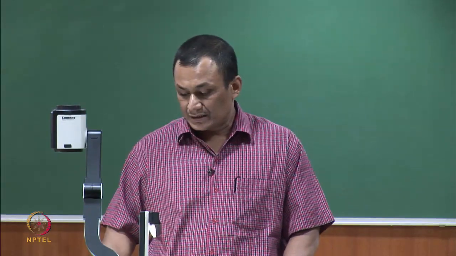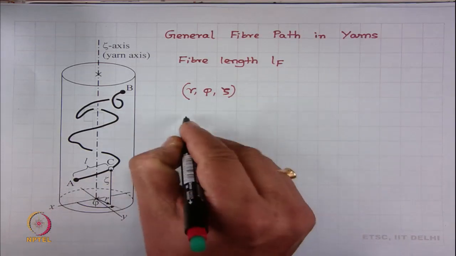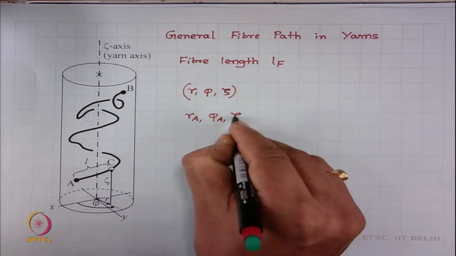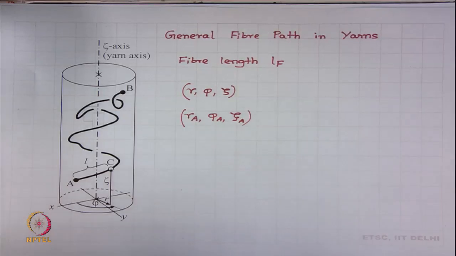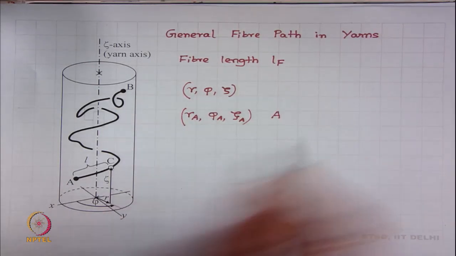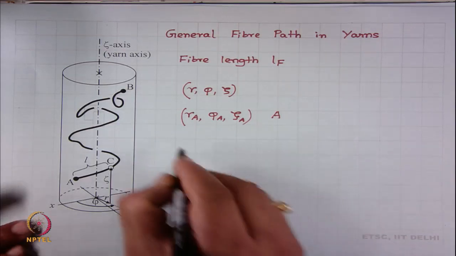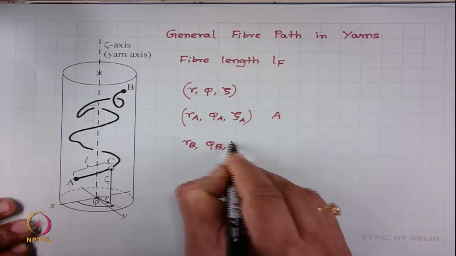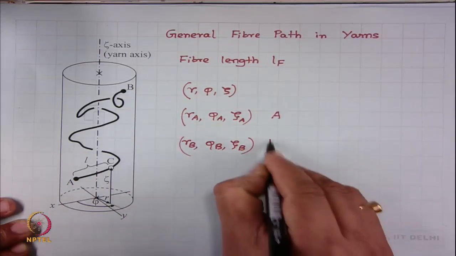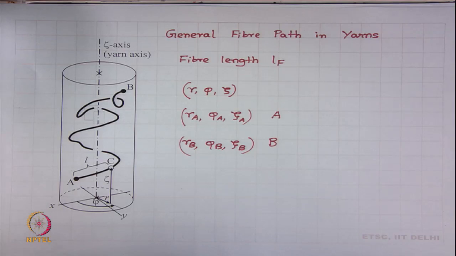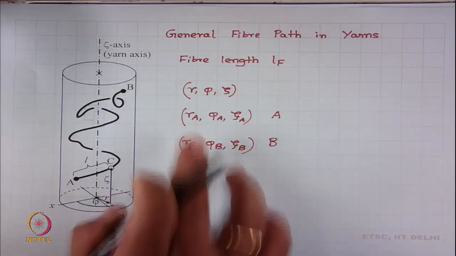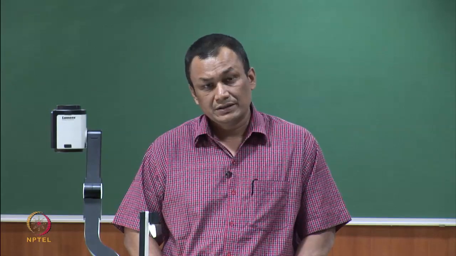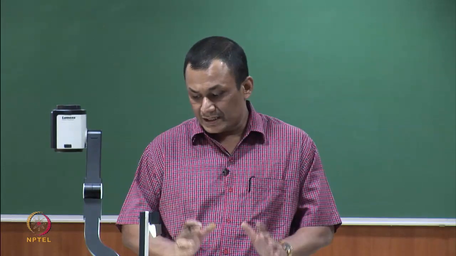At point A, it will be r A, phi A, zeta A, and the coordinates at point B will be r B, phi B and zeta B. So, this triplet represents any point along the fiber path inside a yarn body.